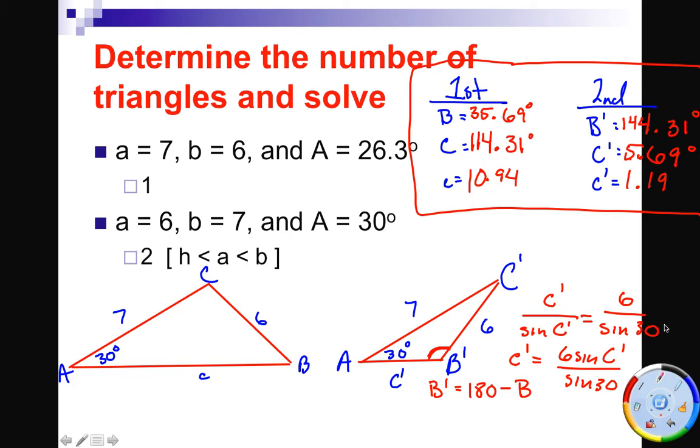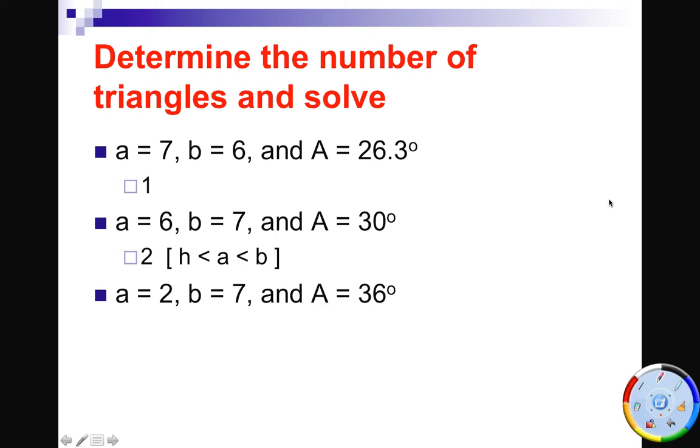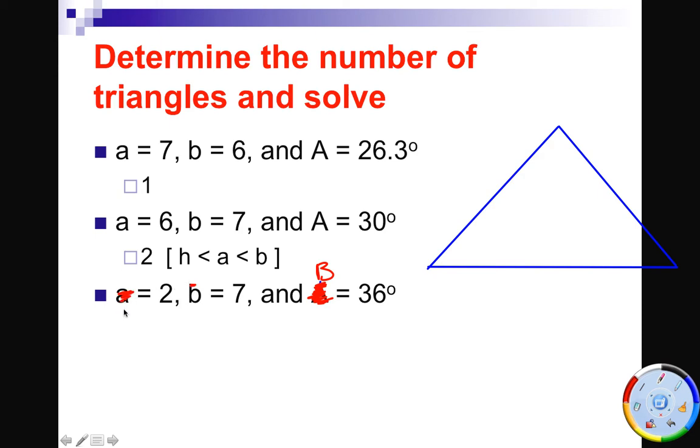So lastly, I have one more example here, and it's this one where a is 2, b is 7, and angle A is 36. So if I was to draw this triangle, let's just say I called this B, and this now is little b, and let's call this little a.